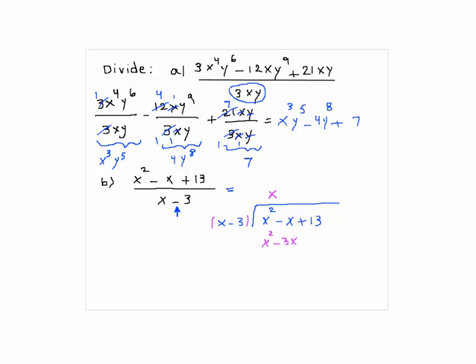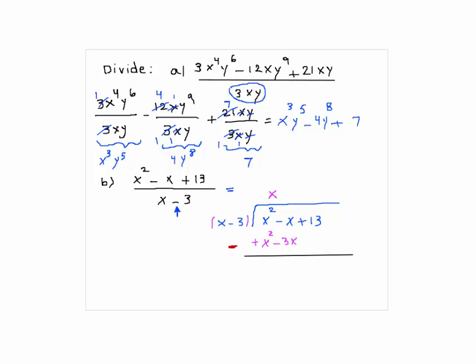Now to find the remainder, we need to subtract, right? This is plus. So we need to subtract this to find the remainder. Can somebody tell me what would be the remainder?